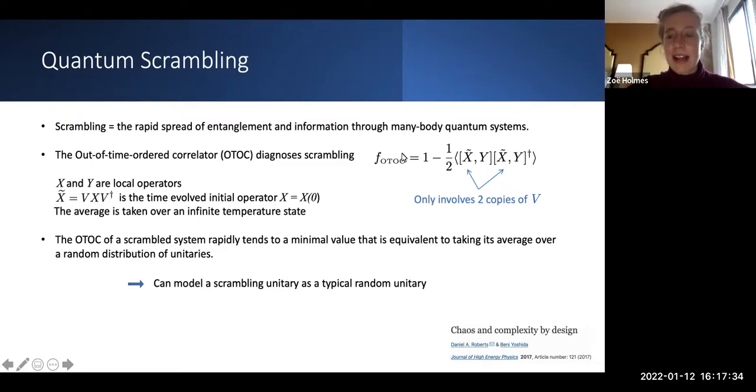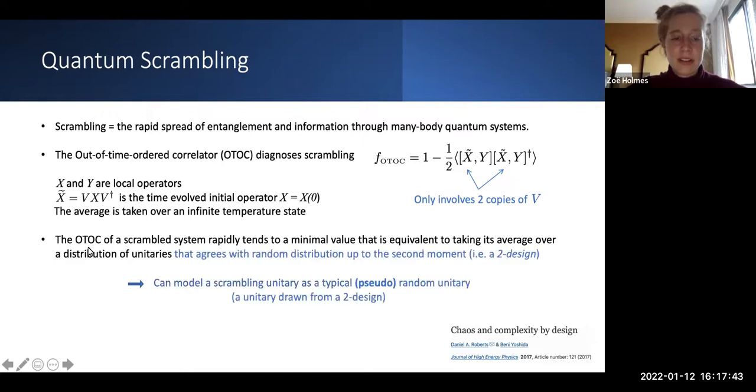So averaging this function over a 2-design is going to be entirely equivalent to averaging this function over a random distribution of unitaries. That is, the OTOC of a scrambling system rapidly tends to a minimal value equivalent to taking its average over a distribution of unitaries that agrees with the random distribution up to the second moment, i.e. a 2-design. And so we don't actually need to model a scrambler as a perfectly random unitary. We can also just model it as a typical pseudo-random unitary, so a unitary drawn from a 2-design.